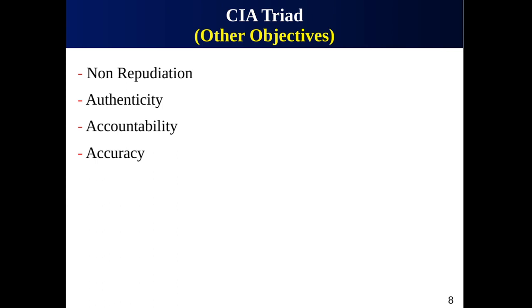Information has accuracy when it is free from mistakes or errors, or it has the value that the end user expects. If the information has been intentionally or unintentionally modified, it is no longer accurate. So it is related to the integrity of the message.